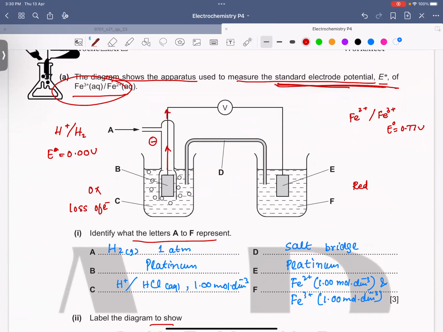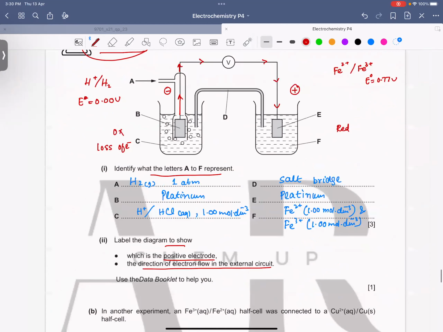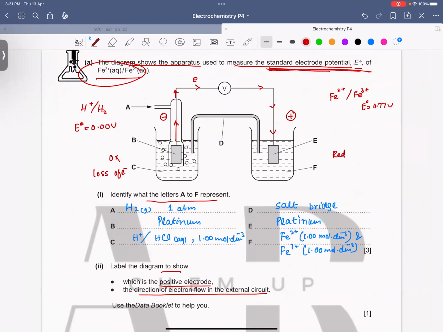These electrons travel from here, reach there, and so this makes this the positive terminal. Okay, we have labeled the positive electrode and the direction of the electron flow in the external circuit. Is this clear?